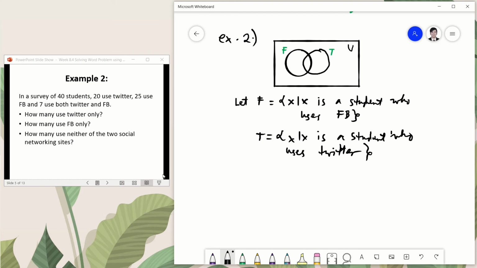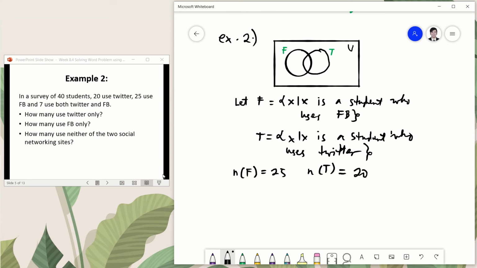So, as we said a while ago, this is all about cardinality. So let's figure out the cardinality of F. The cardinality of F is already given to you. The number of elements of F, or FB, is 25, while the number of elements who use Twitter is, sorry, for FB it's 25, for Twitter it's 20.